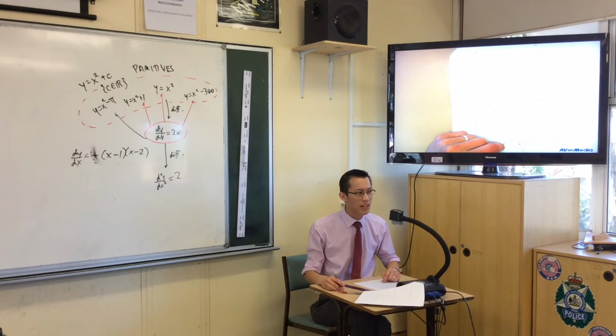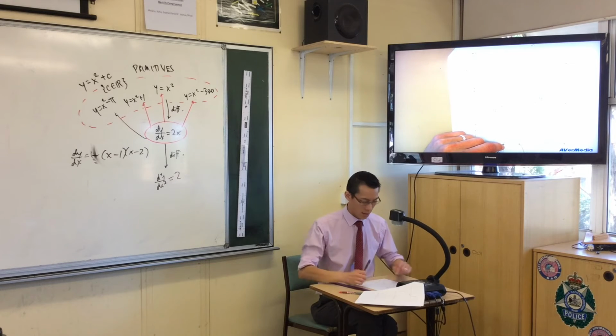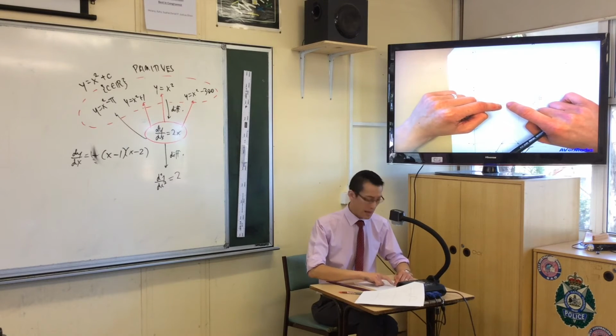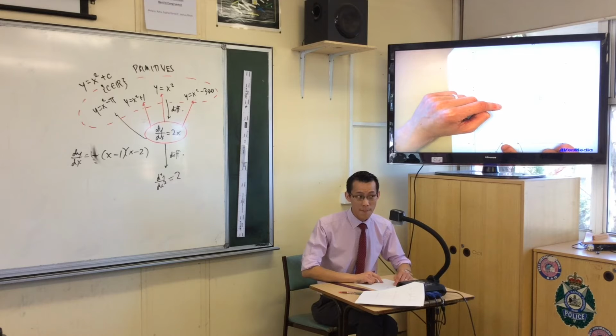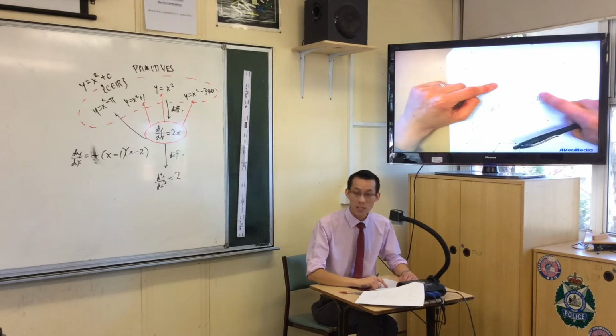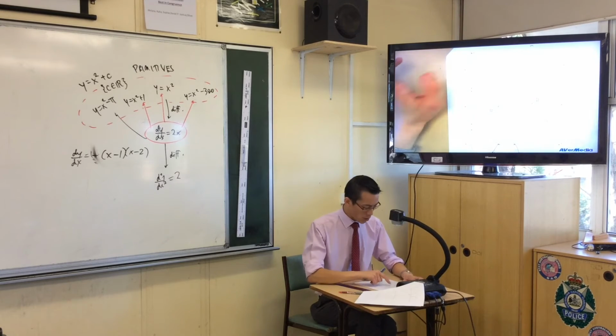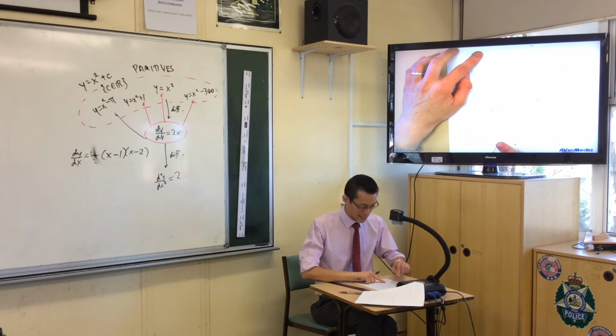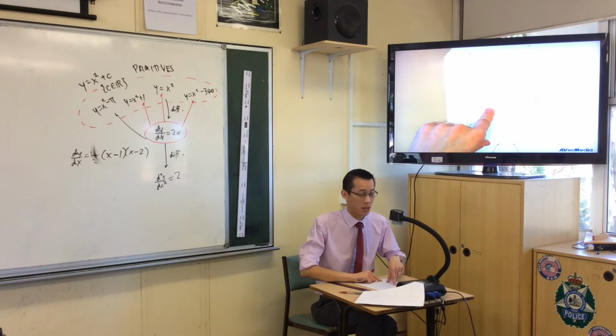That's not very useful in itself, right? I need to know not just that it's 0, because sometimes you can have a first derivative being 0, and a second derivative being 0, and in the case of y equals x to the 4, that's, well, it's a turning point, just like this was, okay? So what do I get out of this second derivative to tell me what kind of stationary point I've got? Yeah.